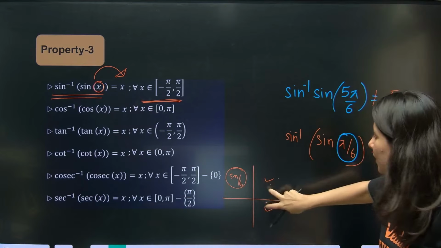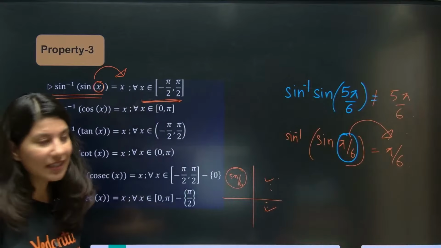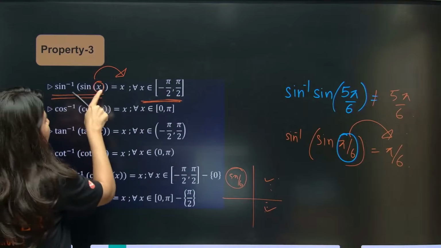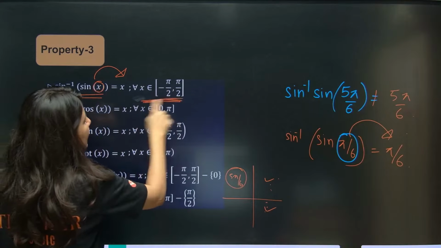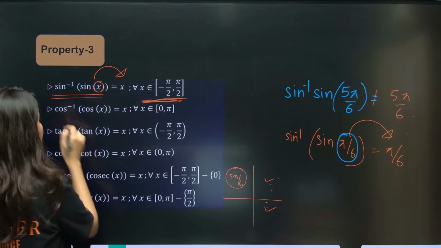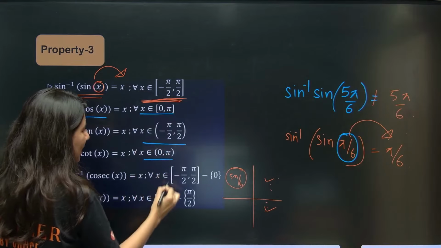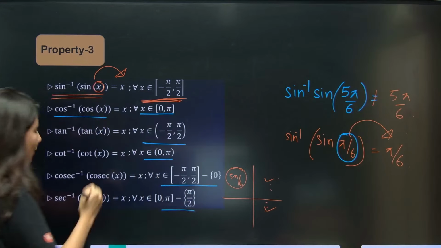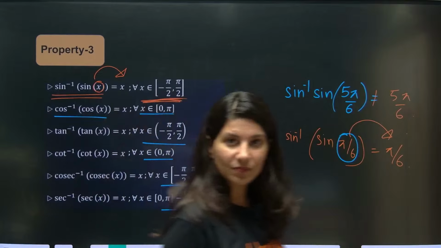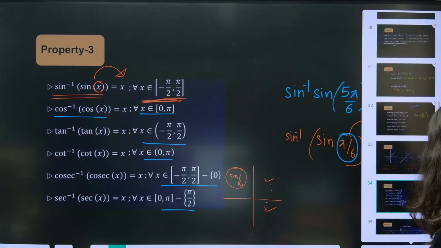So directly you can write this. Property number 3 says that sine inverse sine x will become x if your x is lying in the principal values of the range of sine inverse. Cos inverse is 0 to pi. All these are the ranges of the respective inverse functions. If it is coming in the range, then you can write x directly.